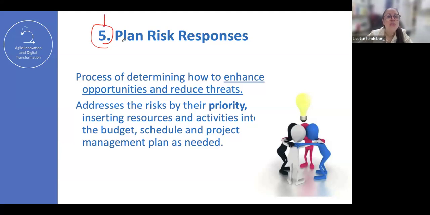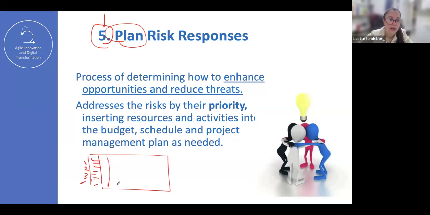Now you need to plan what to do. If this is the risk register, number 1, number 2, number 3, number 4, with the risk event, probability, impact, and score, now we are doing the responses.